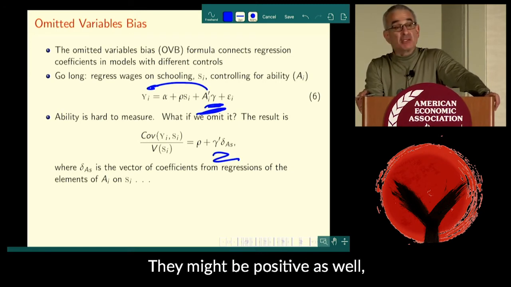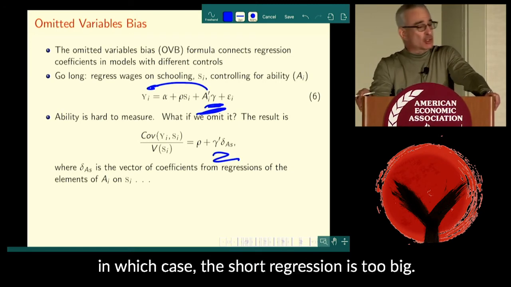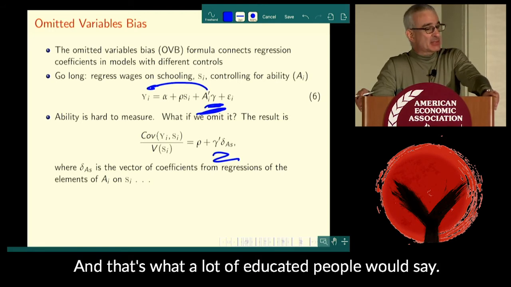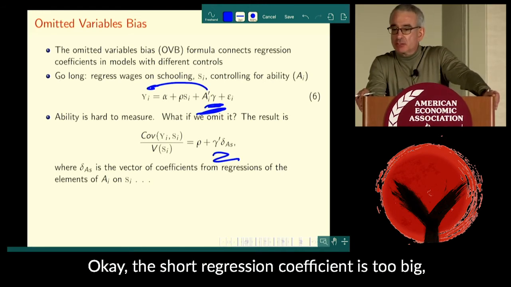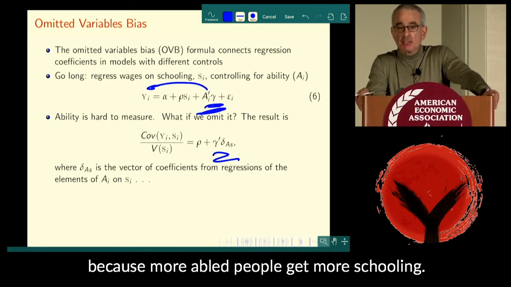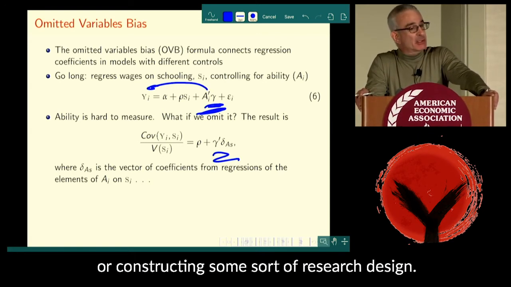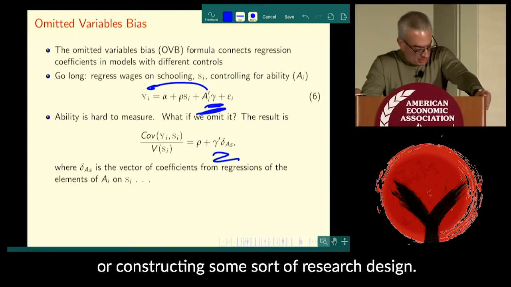That might be positive as well, in which case the short regression is too big. And that's what a lot of educated people would say: the short regression coefficient is too big because more able people get more schooling, and I should fix that by measuring ability or constructing some sort of research design.